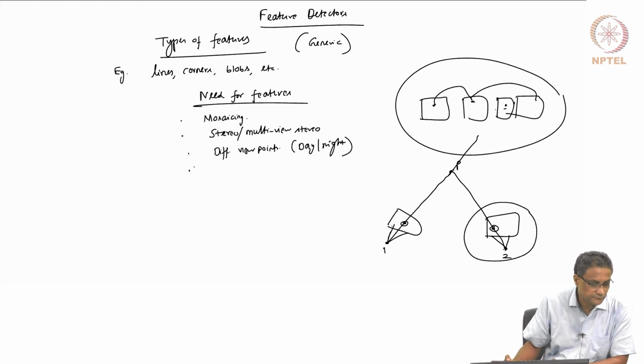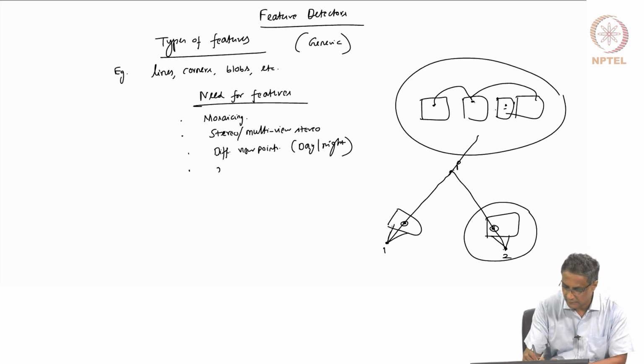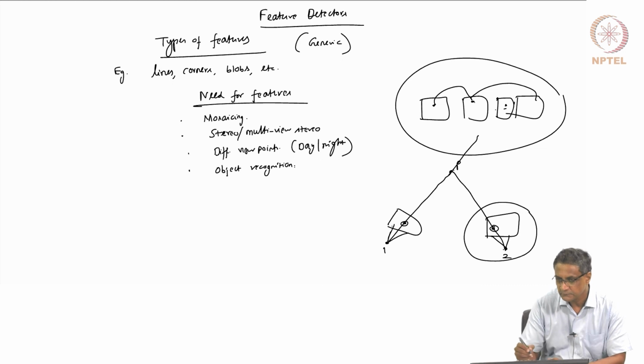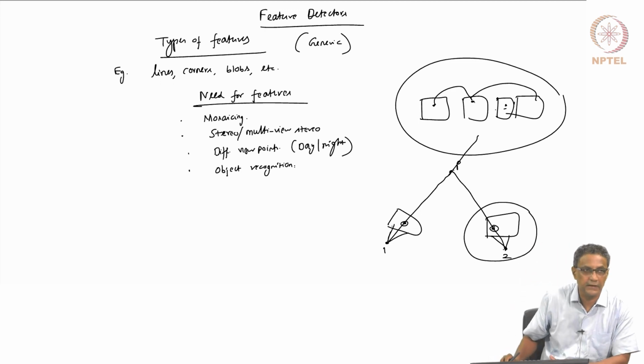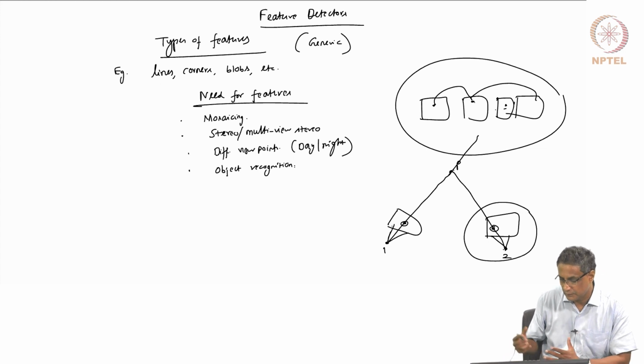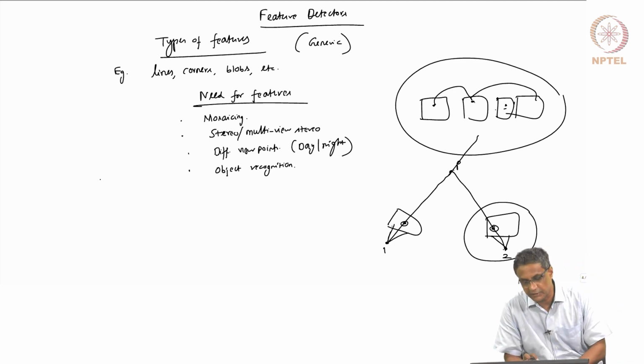Then object recognition. Okay, it can even be applied for, let's say, recognizing an object, which basically means that if you wanted to do some kind of an identification of this one particular object, then maybe you can actually get what is called a sort of holistic description of that object, based upon the features that you have, and then based upon that you can match.